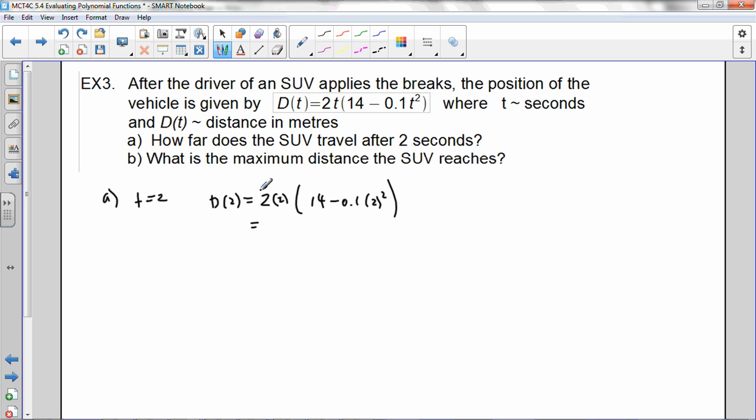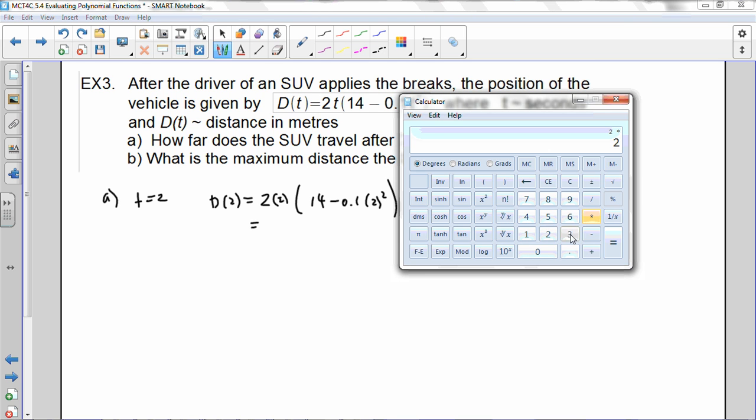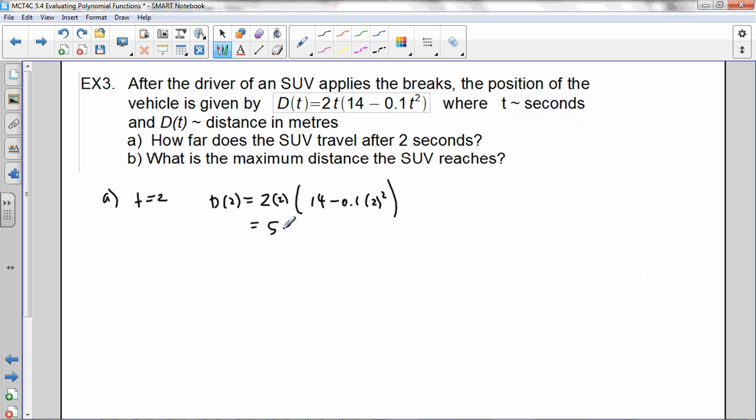You get about, well, let's do it. 2 times 2 times bracket 14 minus 0.1 times 2 squared end bracket equals 54.4 meters.